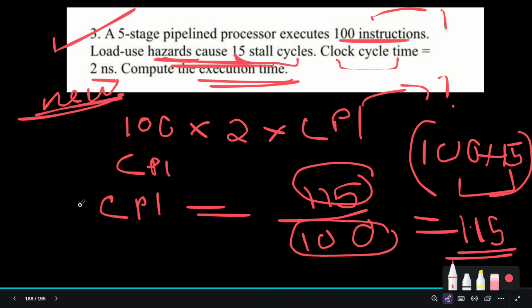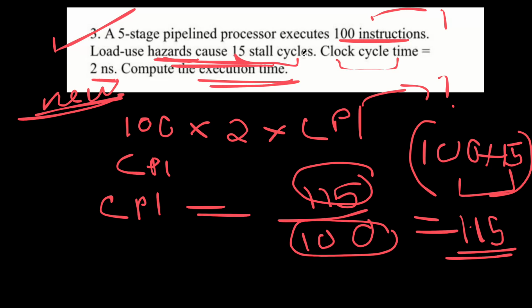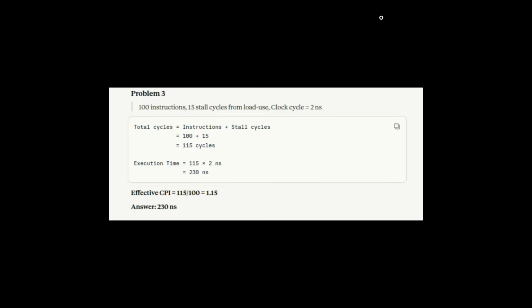This is our effective CPI, when an additional 15 cycles come on top of the 100 cycles. So the effective CPI can be calculated in this way.